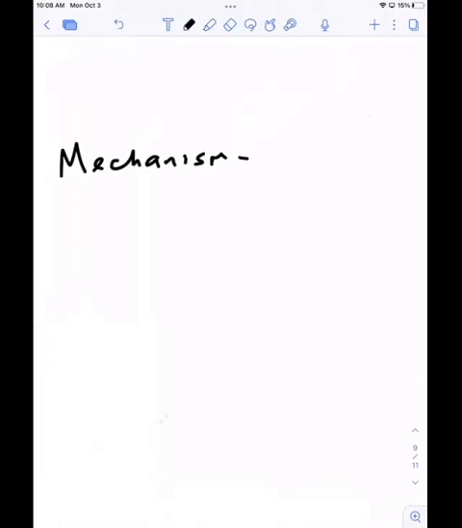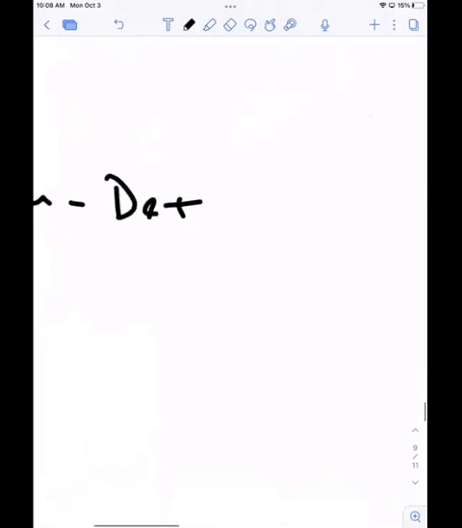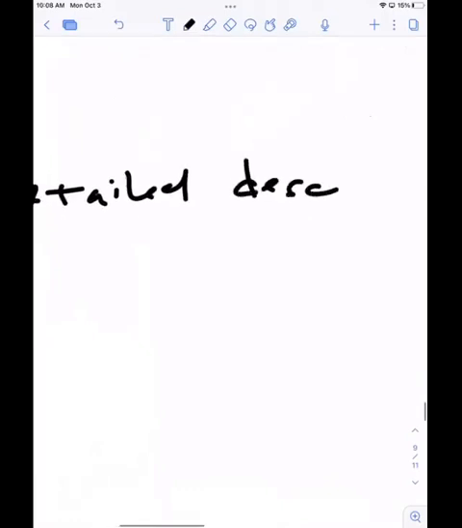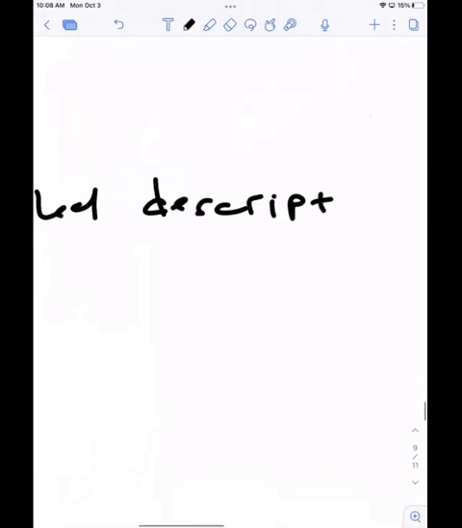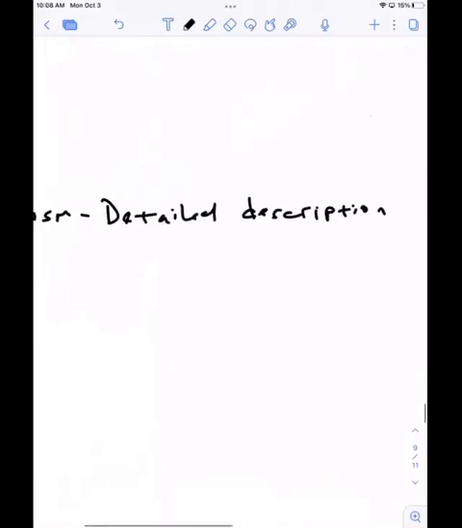So when we talk about a mechanism, what we're talking about is a detailed description of how a reaction happens.